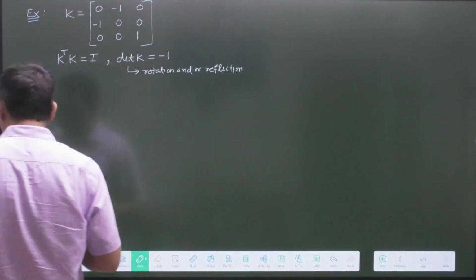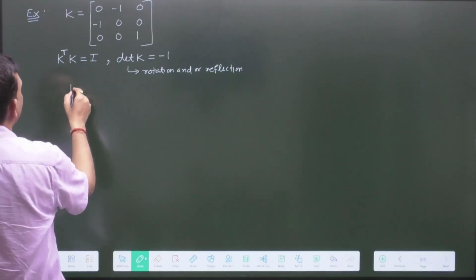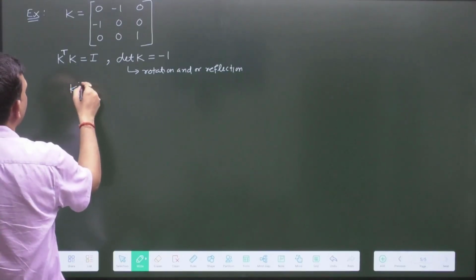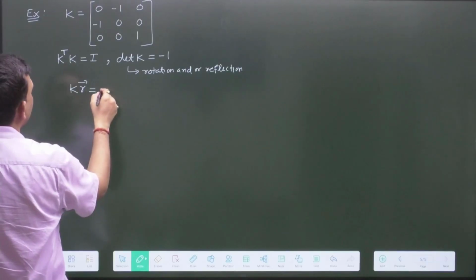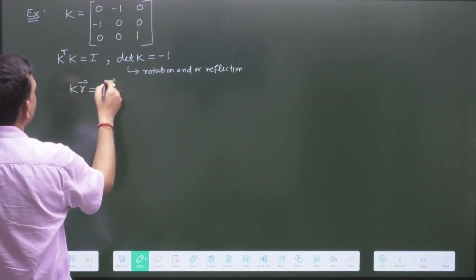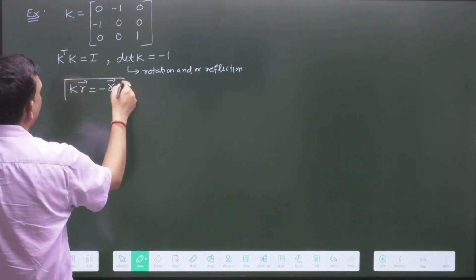So let's check for KR is equal to minus R. Can you find R?